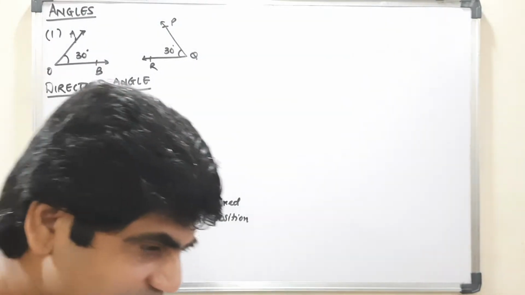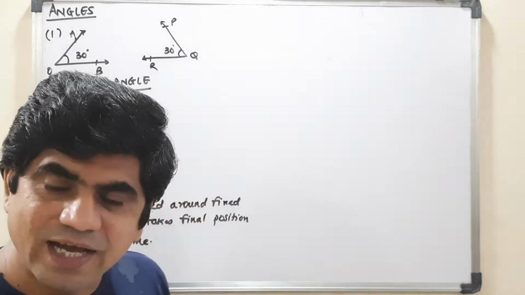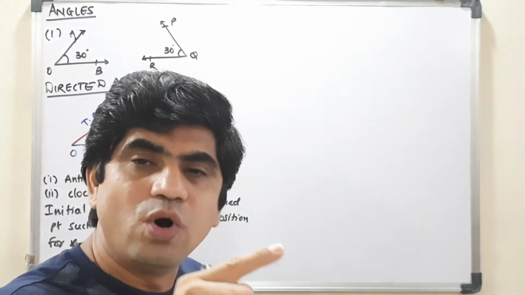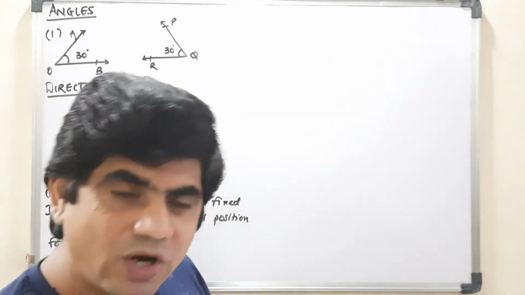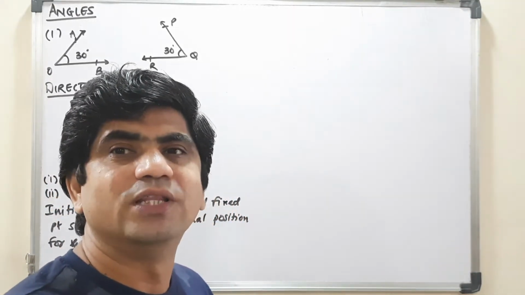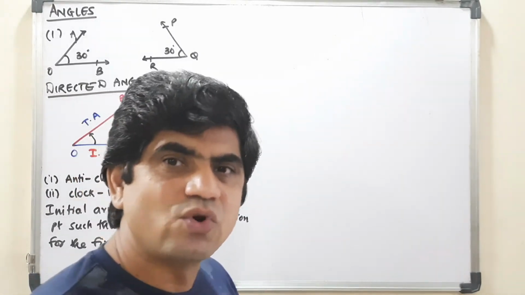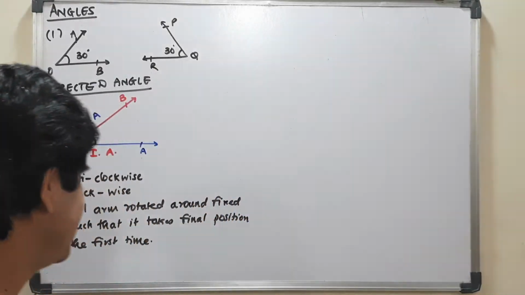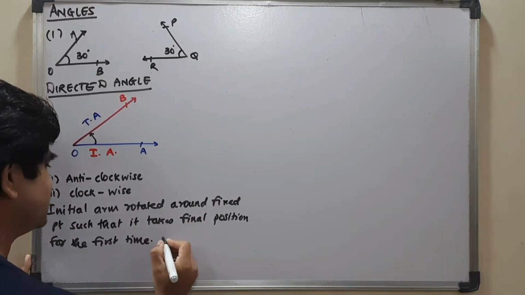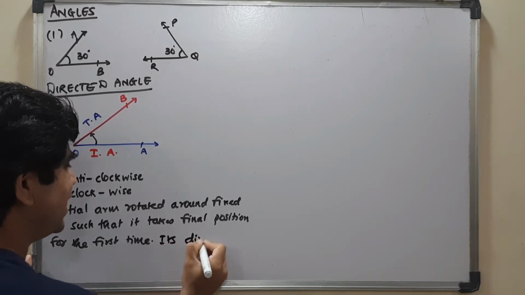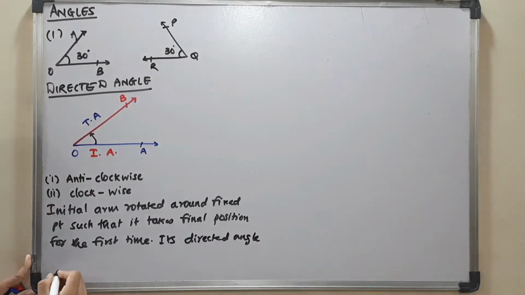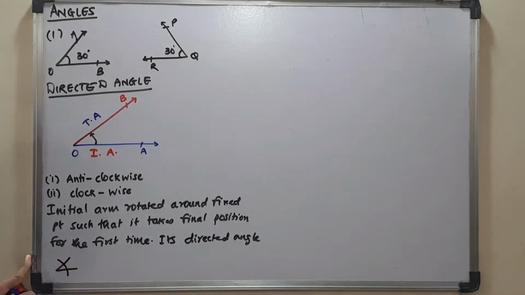Okay, so I can say that a directed angle is the angle in which the initial arm rotates in clockwise or anti-clockwise manner to attain the final position for the first time. So it's a directed angle.